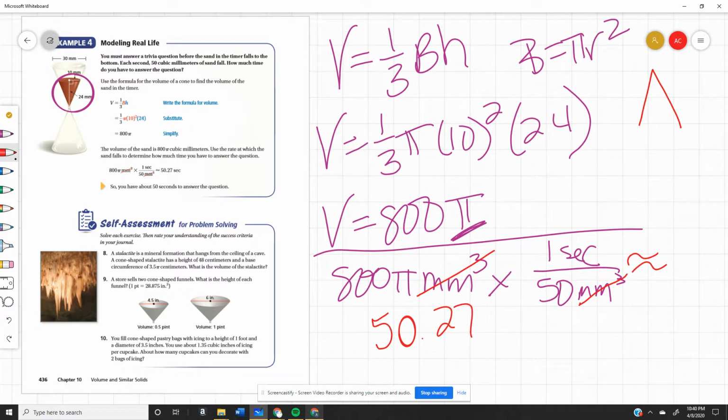So that means seconds. Notice that our seconds did not cancel out. So you have approximately 50 seconds to answer the question.